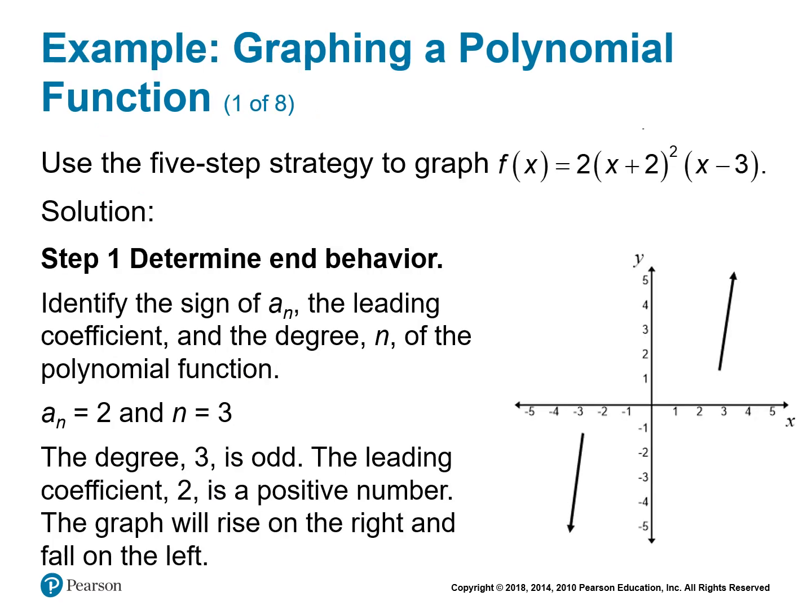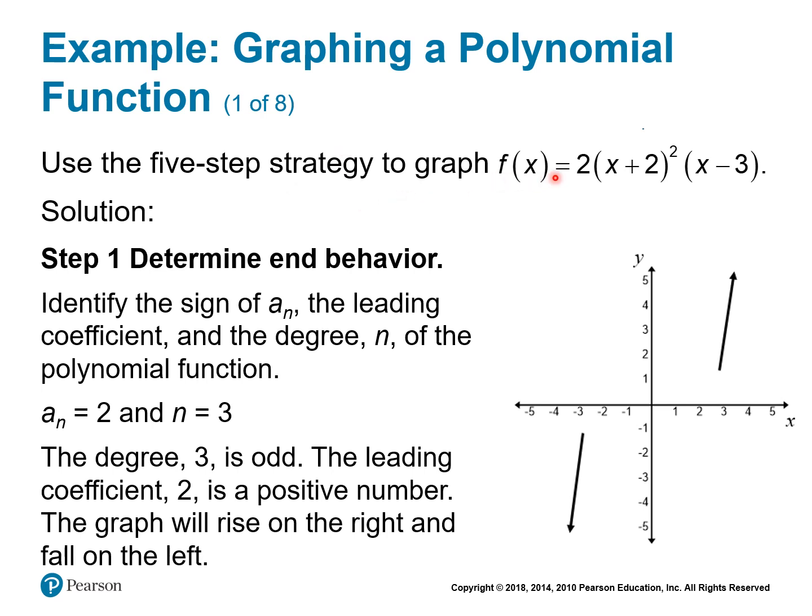Now the remaining slides in the presentation are on an example of graphing a polynomial function using all the rules, all the facts, all the theorems that we learned so far and applying them.